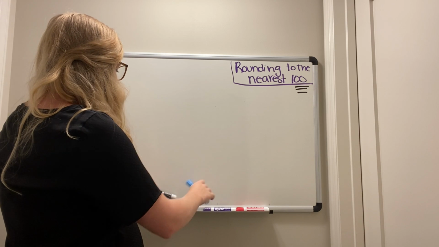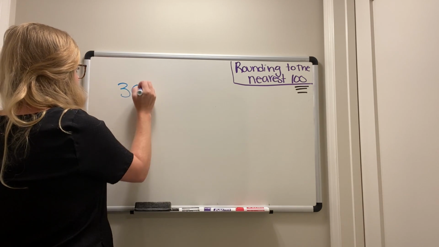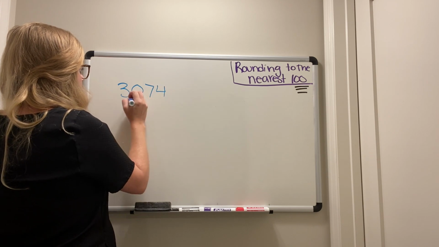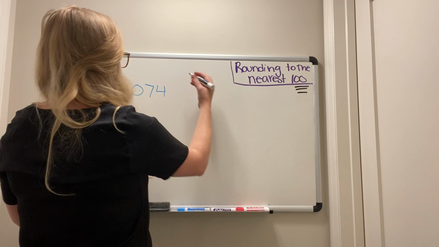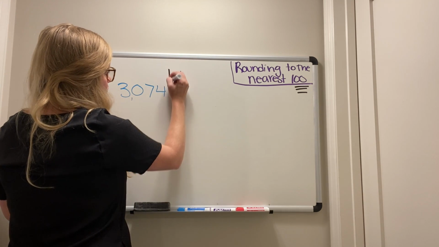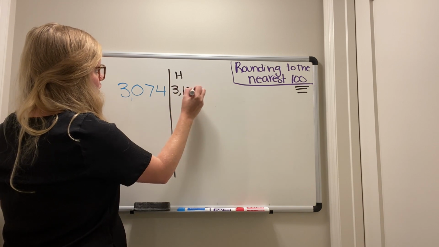Okay, let's say we have that same number, 3,074. Now, we said that rounded to the nearest 100, this number is 3,100.